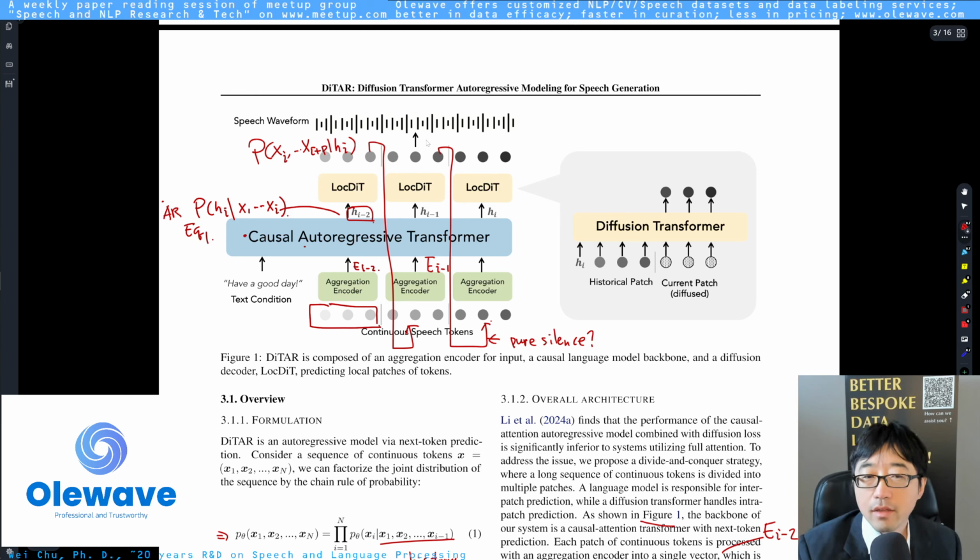This is not at the input level. It's at the decoder's input. You can imagine, okay, this is like a causal autoregressive transformer together with its aggregation encoder. They're behaving like an encoder structure, right? Autoregressive encoder.